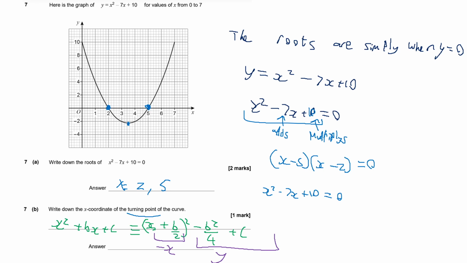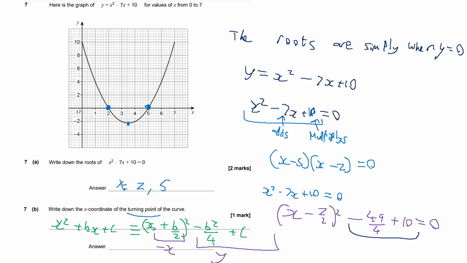So if x squared minus 7x plus 10 is equal to 0, then that means x minus 7 over 2 all squared minus 49 over 4 plus 10 is equal to 0. And now we're just going to simplify this part here. So what's minus 49 over 4 plus 10?